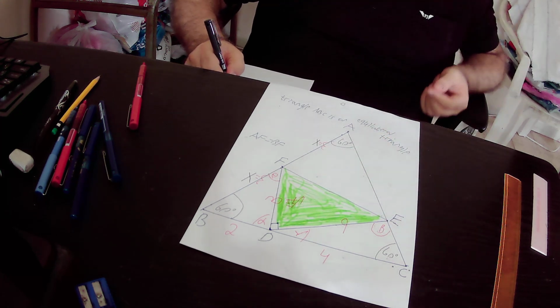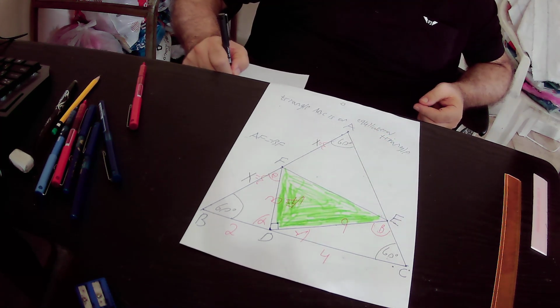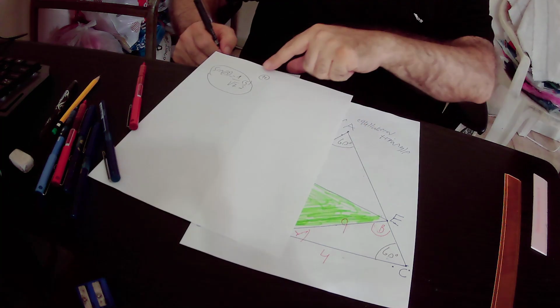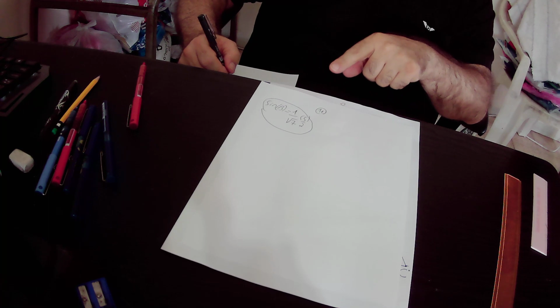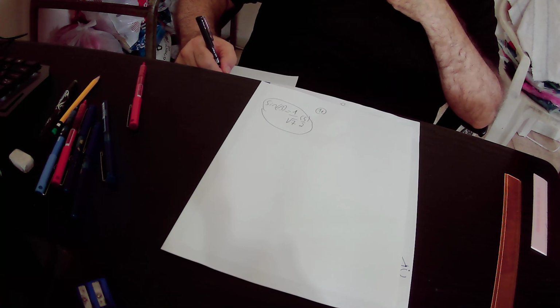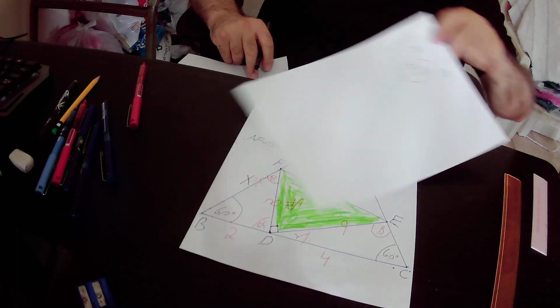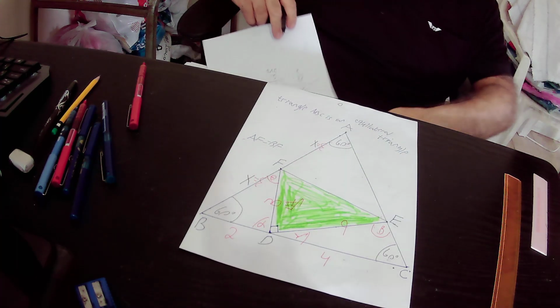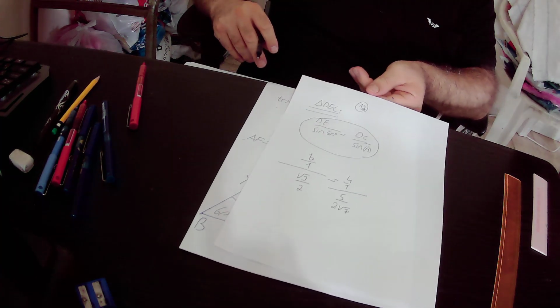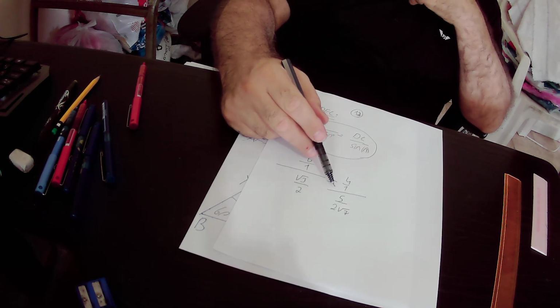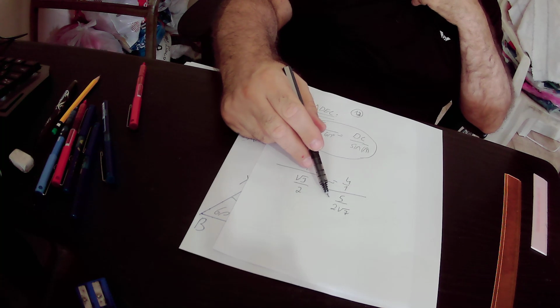DC equals 4 units, and we have already found out the value of sine beta. Sine beta equals 5 over 2 times root 7. So in total we got that B over root 3 over 2 equals 4 over 5 over 2 times root 7.